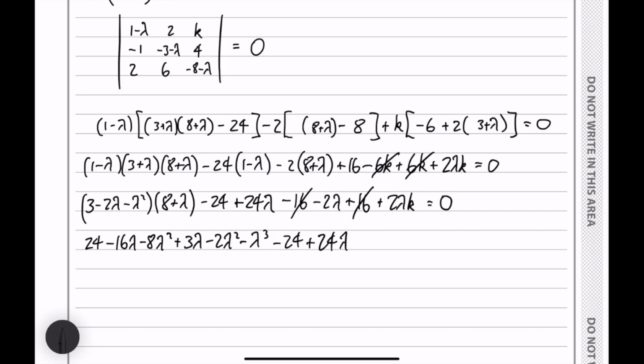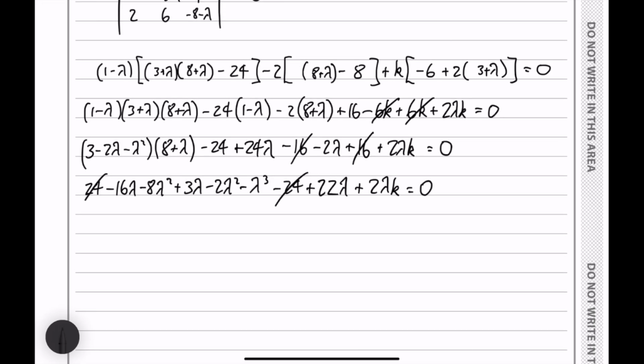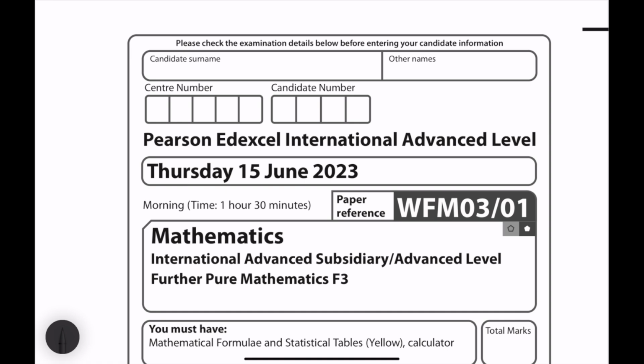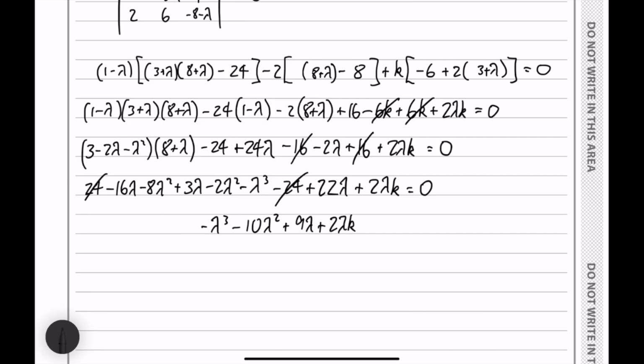Minus 2 lambda is actually 22 lambda plus 2 lambda k. More things that cancel, that's what we like to see. So we've got minus lambda cubed, and then we've got 10 lambda squareds. Then we've got 25 minus 16 is 9 lambdas, and this awkward 2 lambda k on the end.